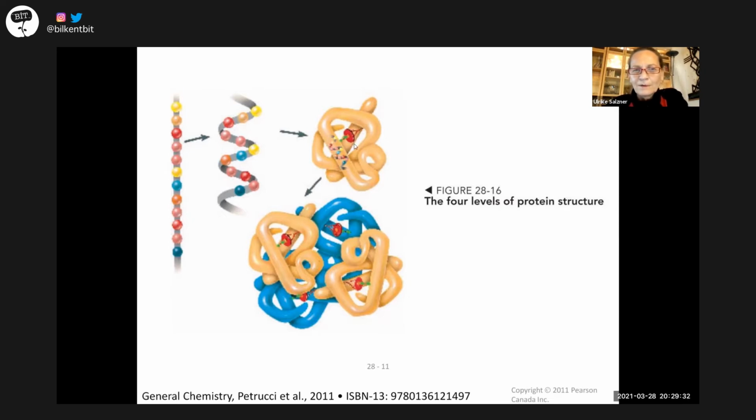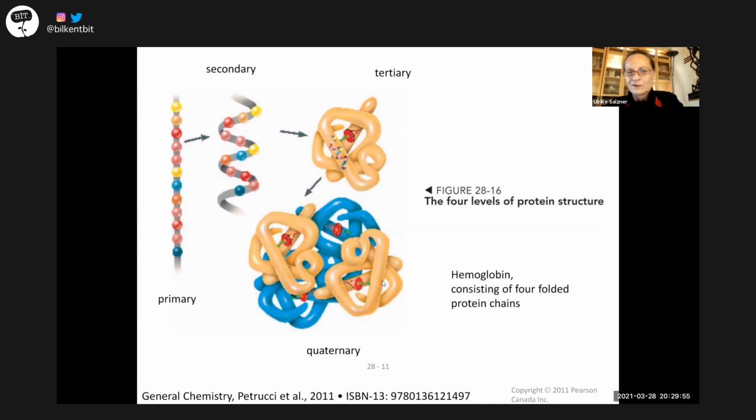Sometimes, not for all proteins, some proteins are actually clusters of different folded up proteins. This is the quaternary structure of a protein. This one here is hemoglobin, just as an example. This is the tertiary, this is the quaternary structure, and this one is hemoglobin, which is responsible, in our muscles, for accepting the oxygen molecules.